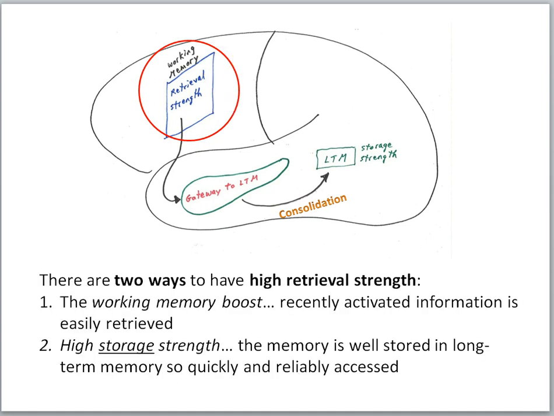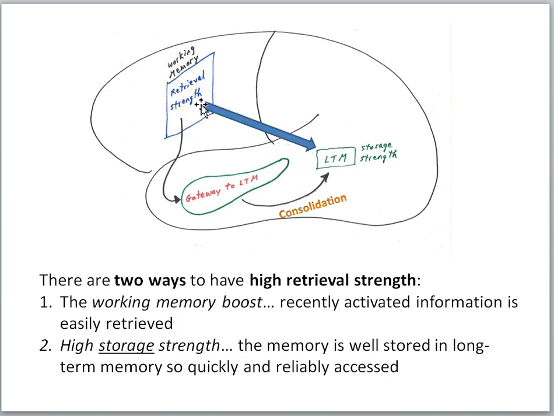And we said there were two ways to have high retrieval strength: the working memory boost, whereby we were just processing information, so it's temporarily still there in the short-term memory system and we can quickly get at it, or high storage strength, that we have stored a memory well, and that permits easy access to the information.